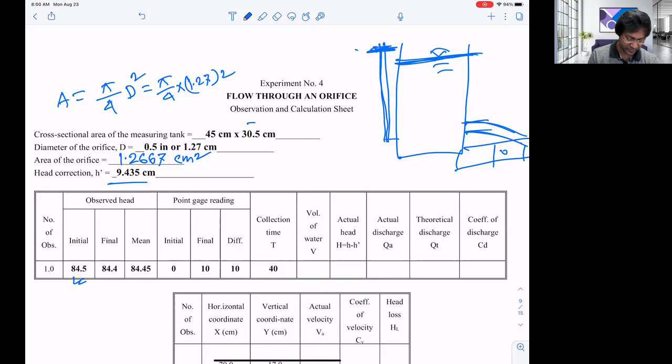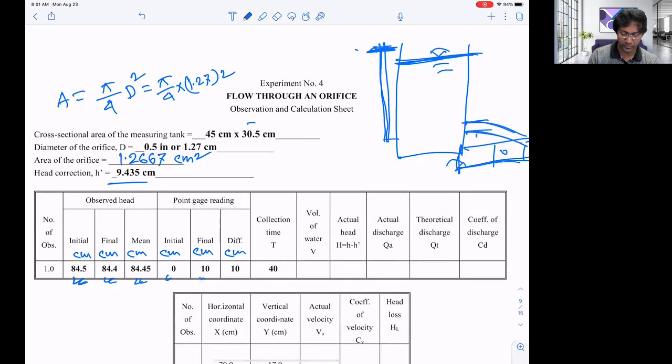So that's why at the beginning we have 84.5 and at the end we have 84.4. So we are just taking the mean of these two. And for this tank, the initial gauge is 0 and the final gauge is, these are all in centimeter, so the difference is 10 centimeter.